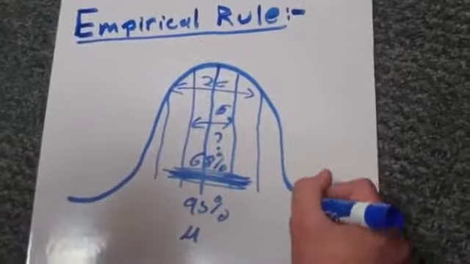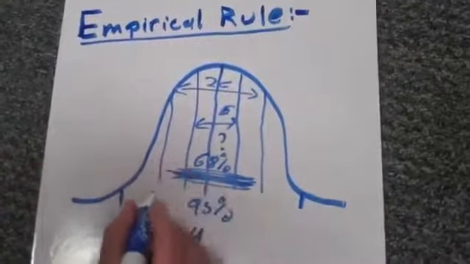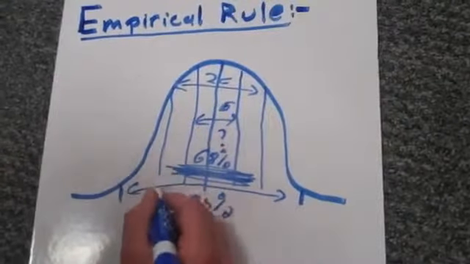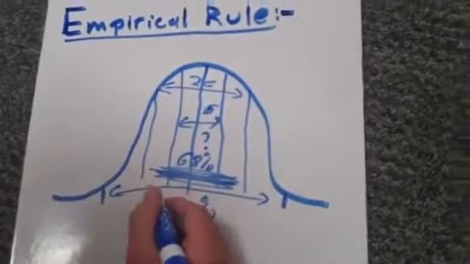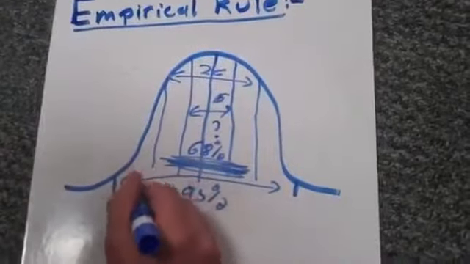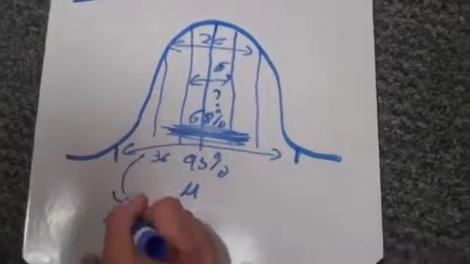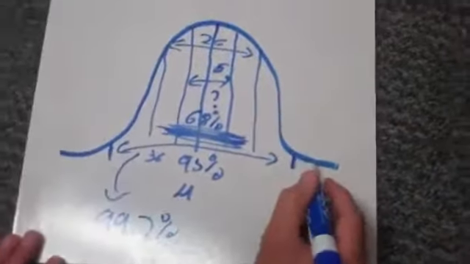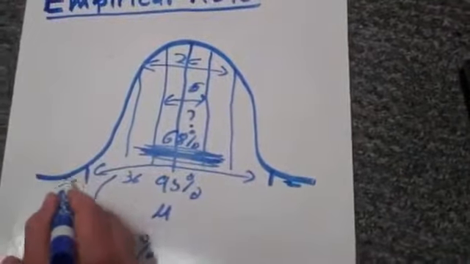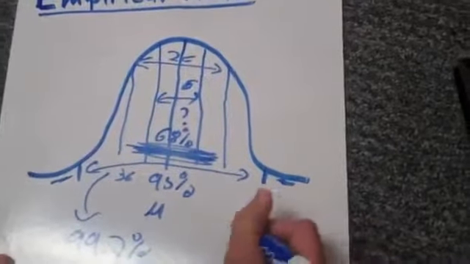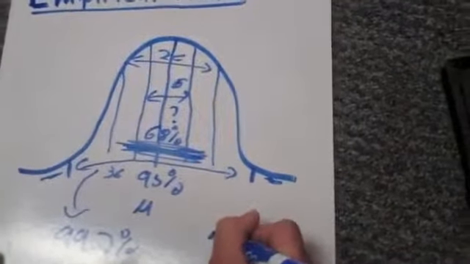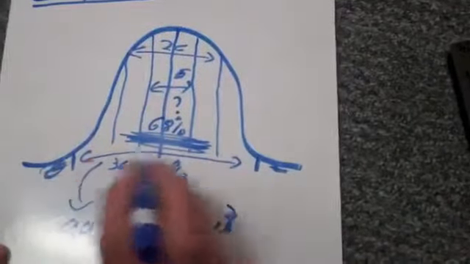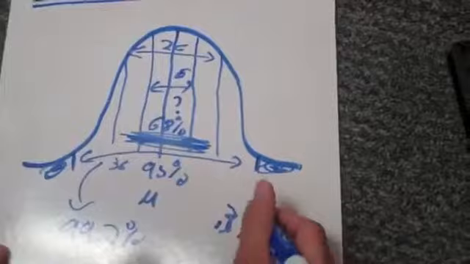And then the last right here and here, where 3 standard deviations away from our mean, we will have 99.7% of our data, which means that basically between here and between here, it will be 0.3% of our data will be here and here. 0.3%.